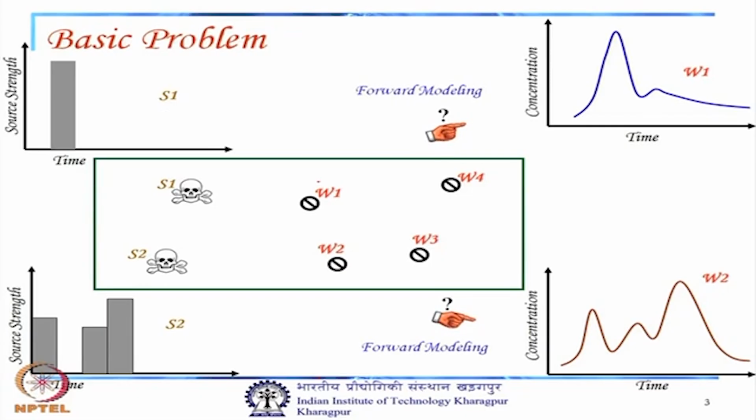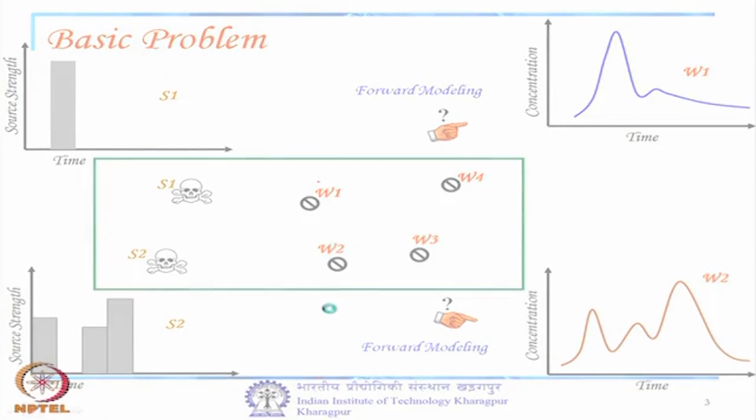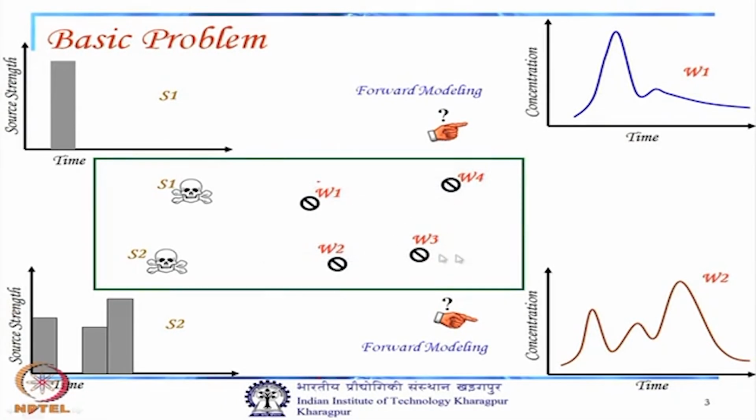So, what is the basic problem? Let us say we have a source S1, another source S2, and this rectangular part is one aquifer, and these are our wells W1, W2, W3 and W4.